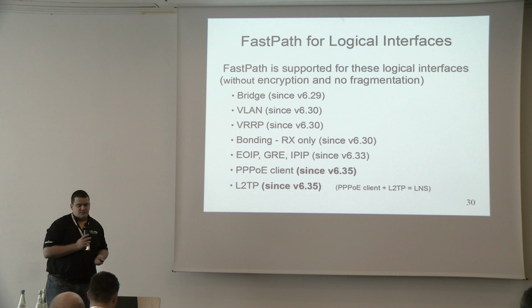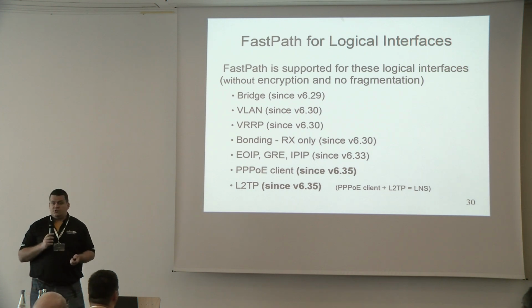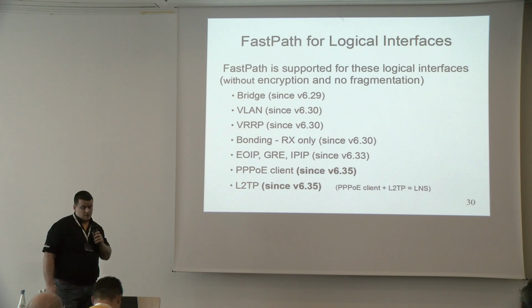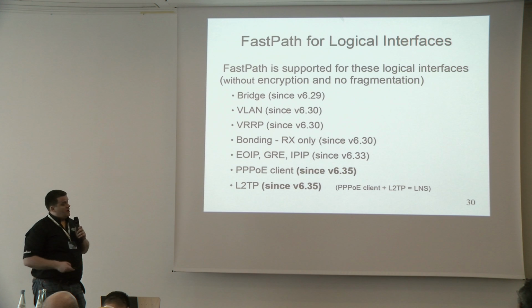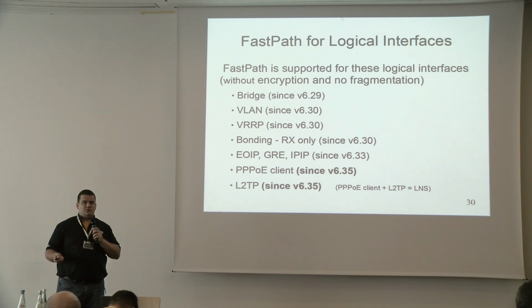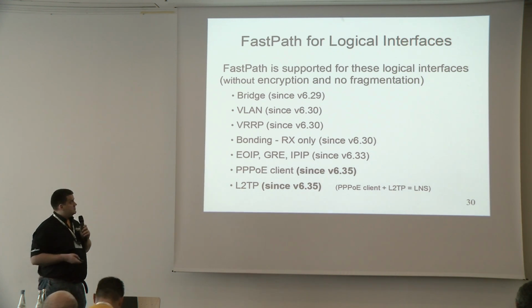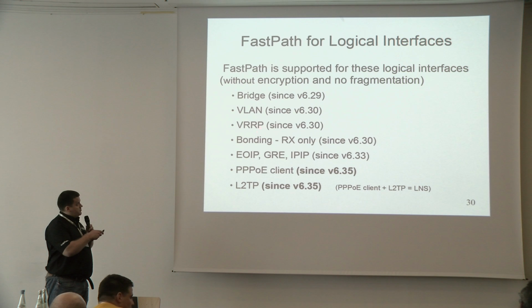So that's why we needed to add some support for logical interfaces. First, we added bridge for routing purposes, because you use bridge interface when you want to route from bridge interface to the public interface, another way around. Then VLAN interfaces, VRRP, bondings, but only for receive.